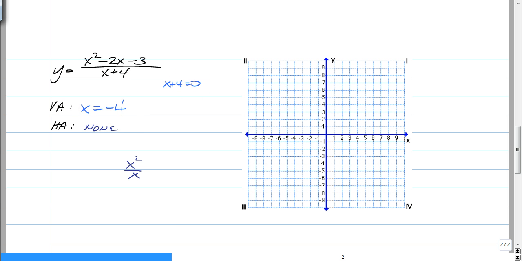That is your vertical asymptote. Now, what you're going to do is type it in the graphing calculator. You're going to get a couple of good points that you can work with, and the rest just needs to be sketched. So as you sketch this, you're going to see that it looks a little bit like this.